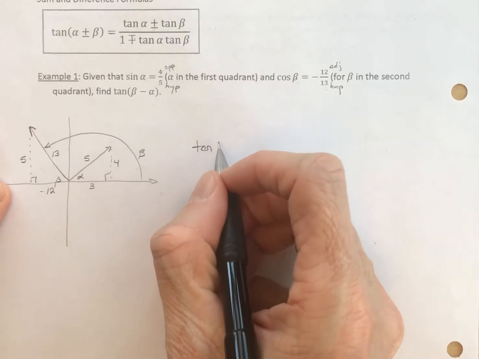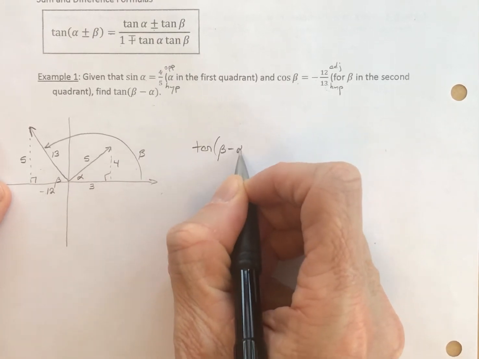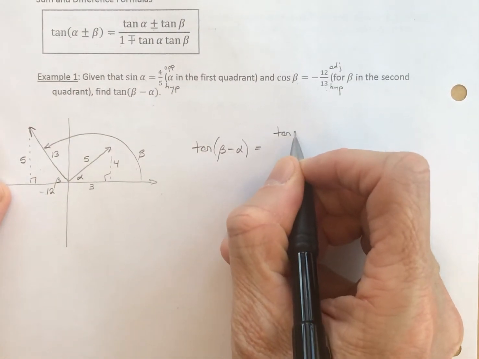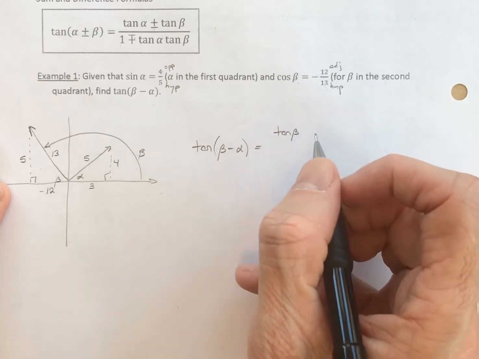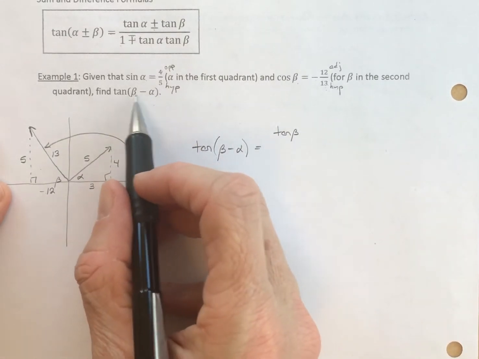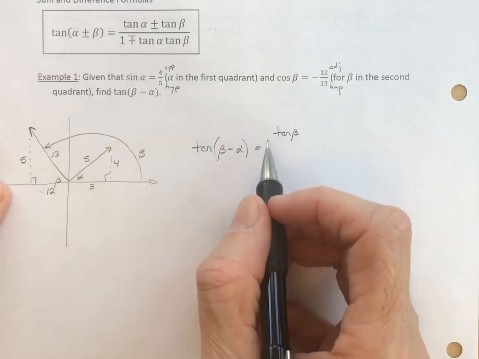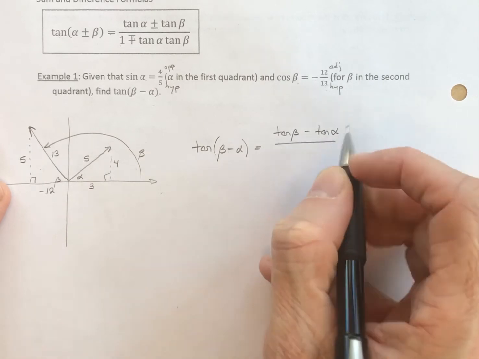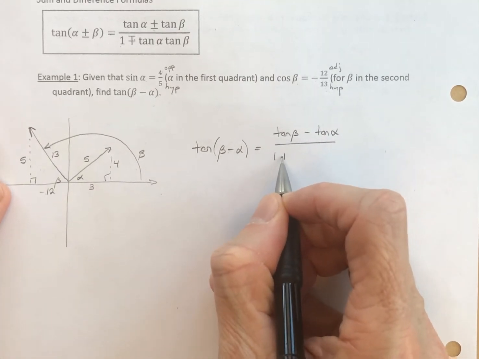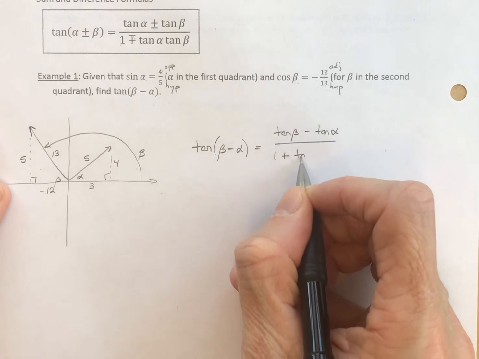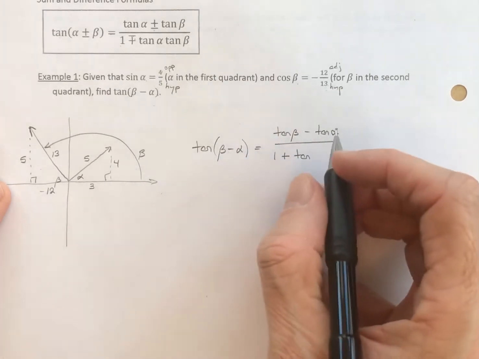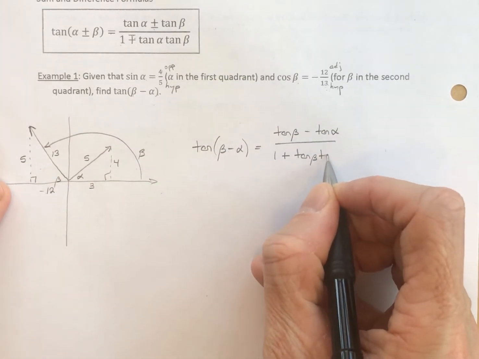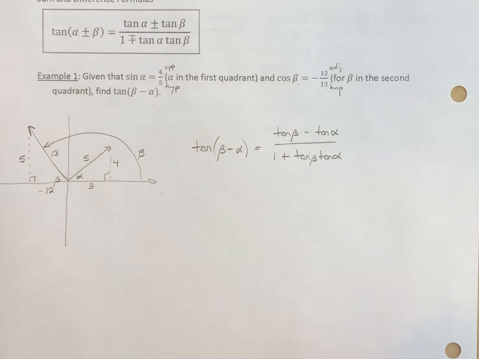The tangent of beta minus alpha is equal to the tangent of beta minus the tangent of alpha, divided by 1 plus the tangent of beta, the first piece here, times the tangent of alpha, the second piece.